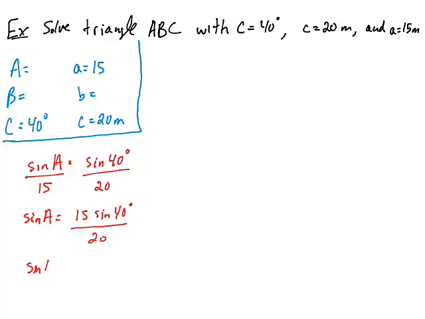We get sine A is equal to, punching that in, about 0.4821. So to find this angle A, we're going to use the inverse, sine inverse of 0.4821, and that is equal to A.